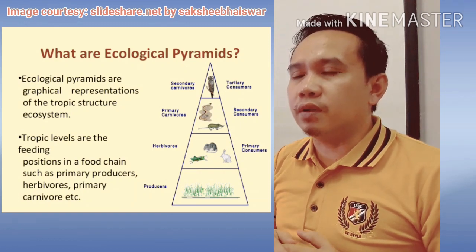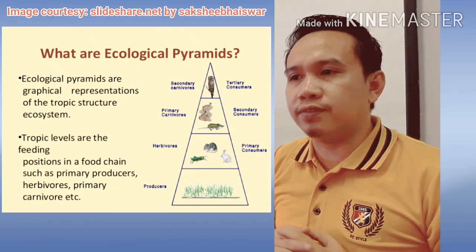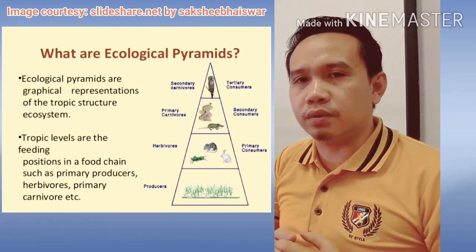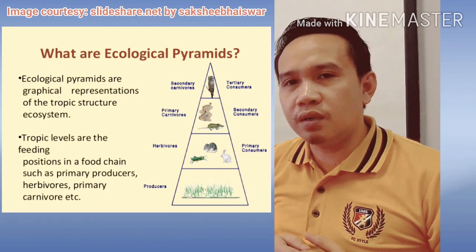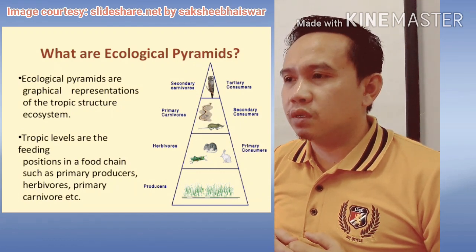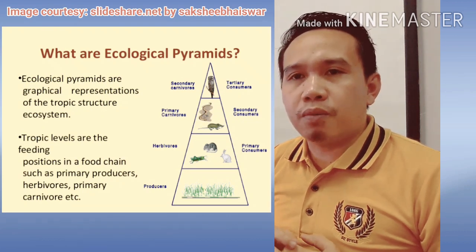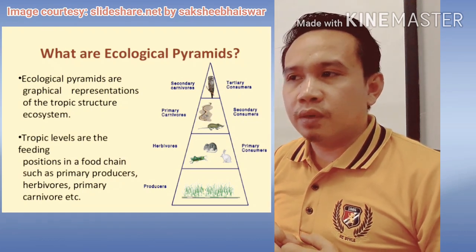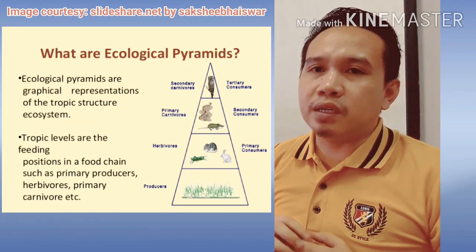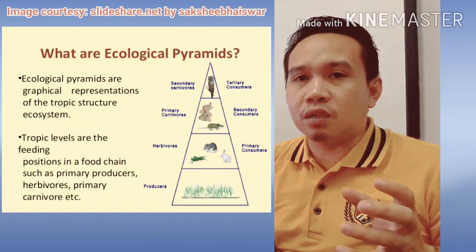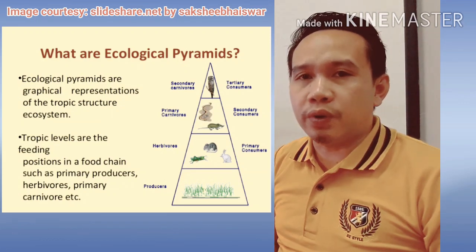Trophic levels are the feeding positions in a food chain such as primary producers, herbivores, and primary carnivores. So at that particular point, alright, there are organisms that are being eaten by larger organisms.